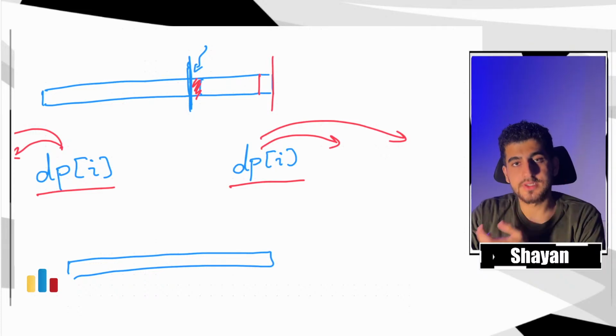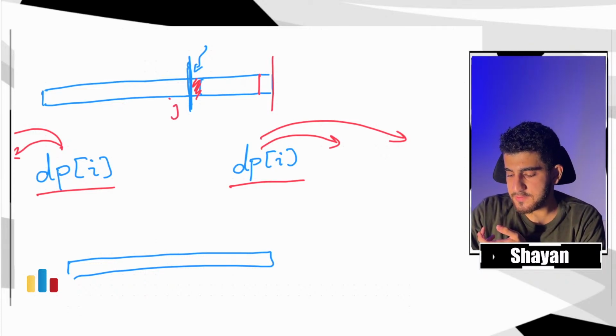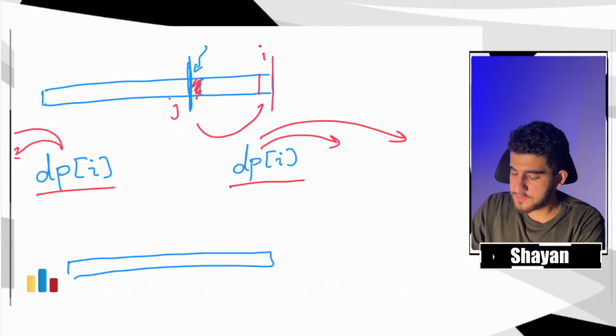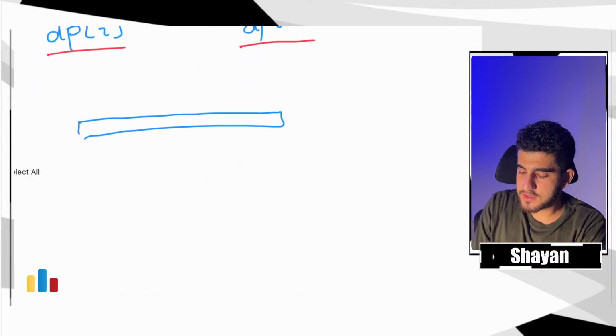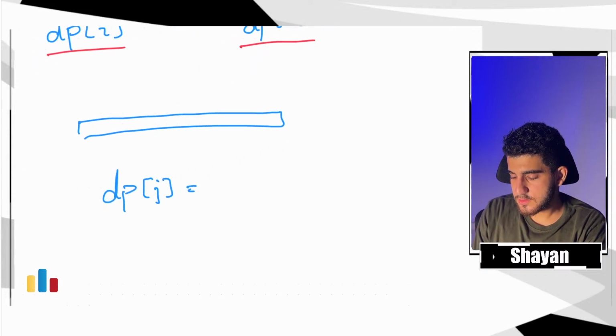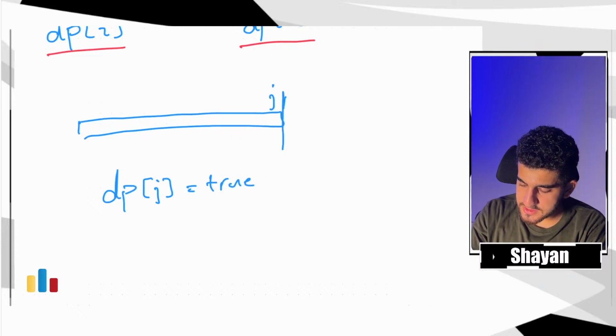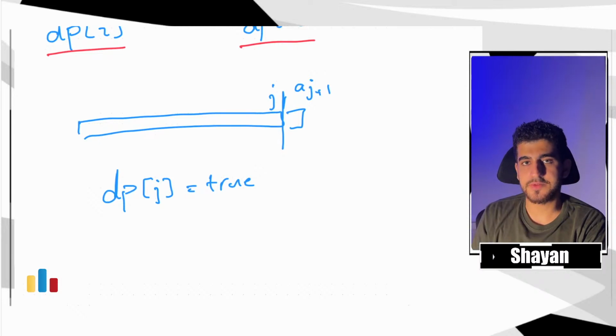In this situation, this dp will update this one. So when I'm at j, I will update I automatically. So whenever I'm at any dp, like dp of j, and dp of j is true, for example, j is here, and then I see that the next element is, for example, a sub j plus 1.